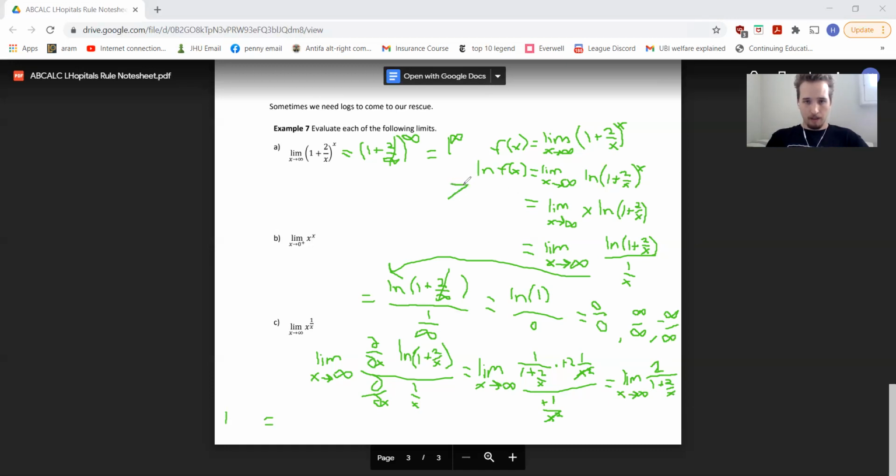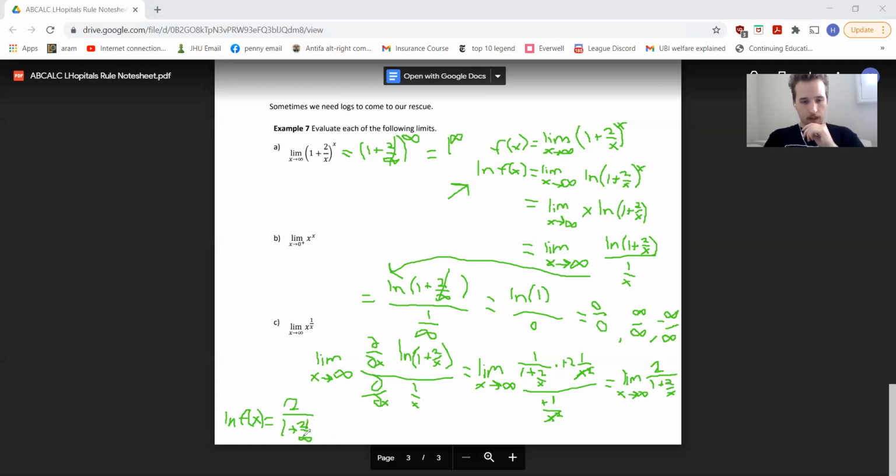Remember, we ln'd this equation, so that's going to be important. This is still ln of f of x is equal to 2 over 1 plus 2 over infinity.